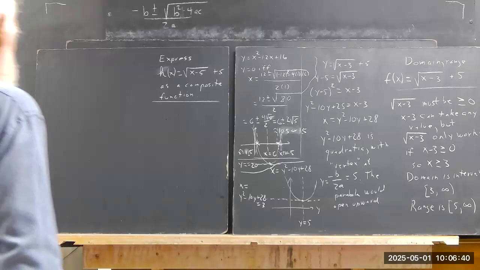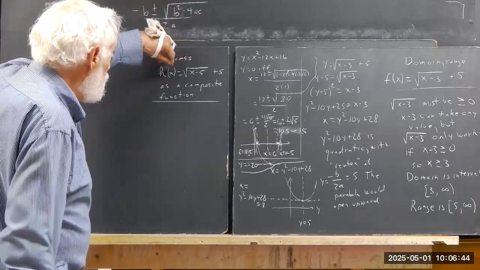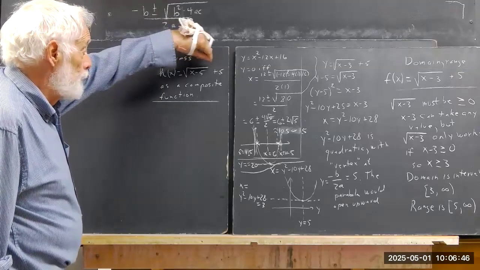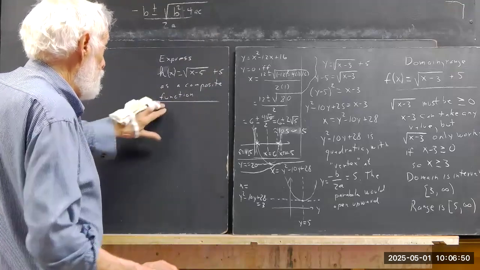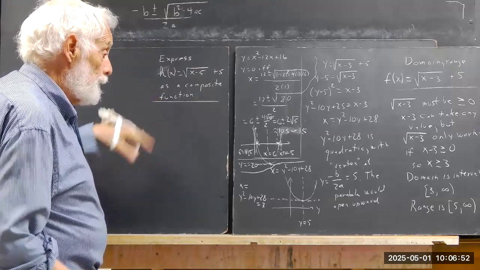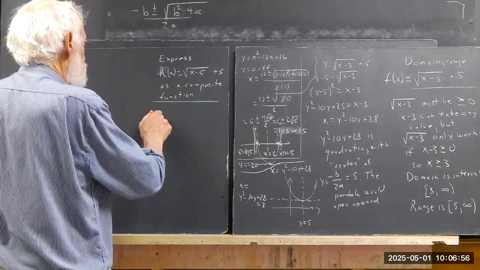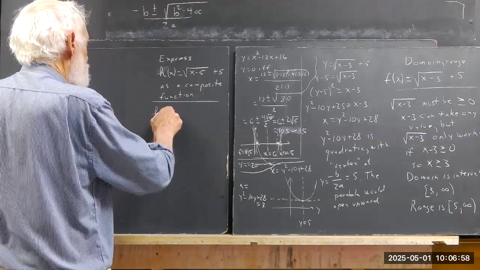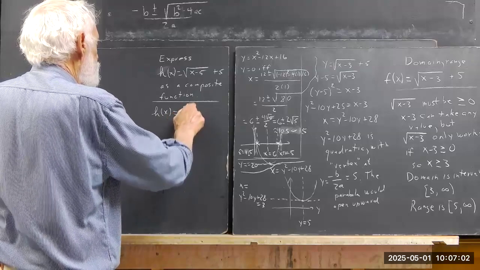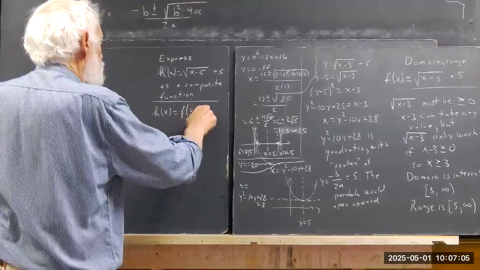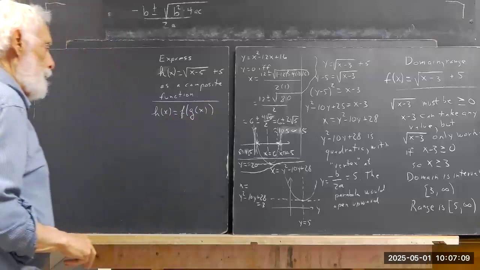Okay, we want to express h of x. That's kind of a fancy h, I can't help myself. h of x equals square root of x minus 5 plus 5 as a composite function. Well, first of all, we have to know what a composite function is. That simply means a function like f of g of x.